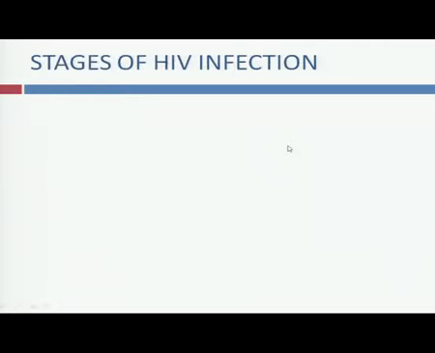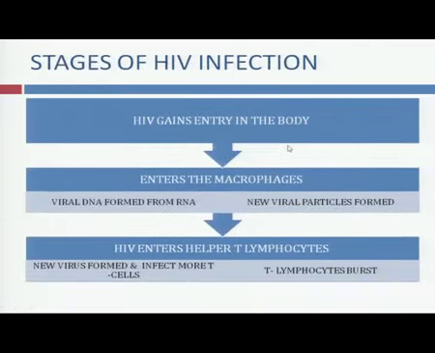Let us see how. Actually, it so happens that when HIV gains entry in the body, it enters the macrophages, and firstly it replicates inside the macrophages, and when new viral particles are released from the macrophages, they enter the helper T lymphocytes. Now, these T lymphocytes are used to make new viral particles and infect more and more T cells.